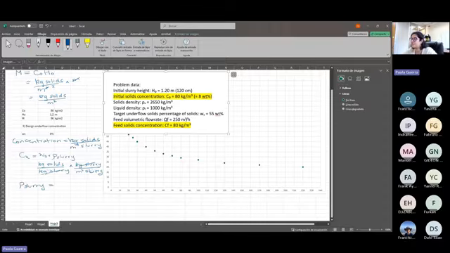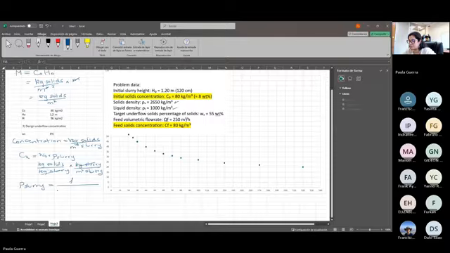Okay. So as you can see, we have the liquid density and the solids density, but we do not have the slurry density. The slurry density is calculated as 1 over the fraction of solids over the density of solids plus 1 minus the fraction of solids over the density of the liquid. Okay, now with all of this, we are going to do the calculations in the spreadsheet.